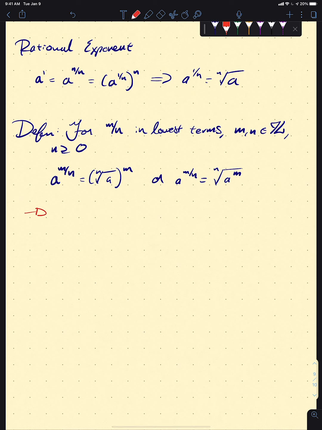Whereas before we qualify this: if n is even, well, then a is greater than or equal to 0.